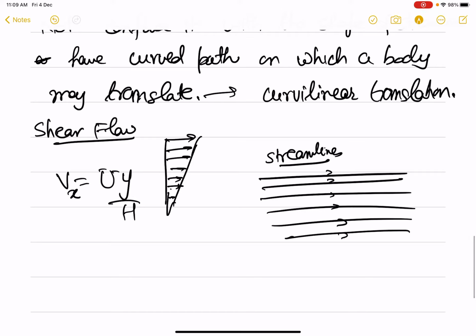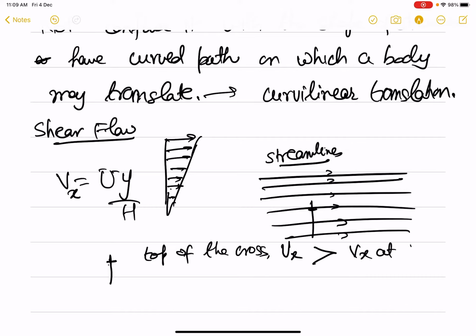Now if I put an element of solid, let's say a cross, in the flow, then at the top of the cross Vx is greater than Vx at the bottom of the cross.